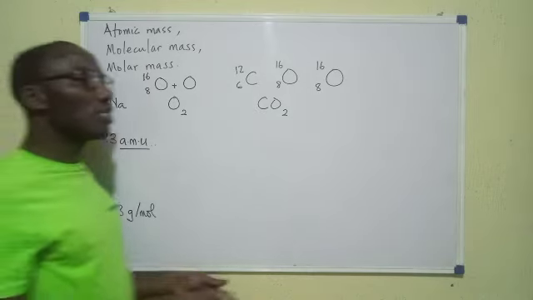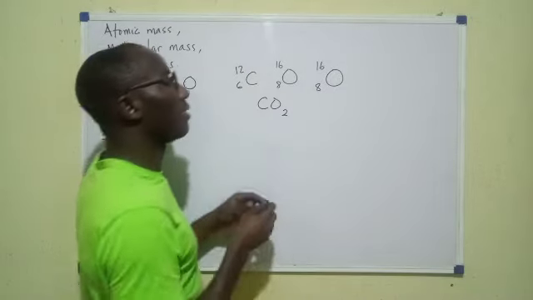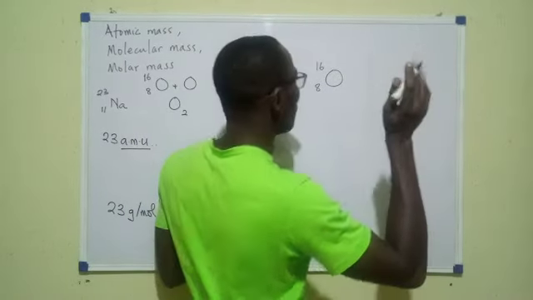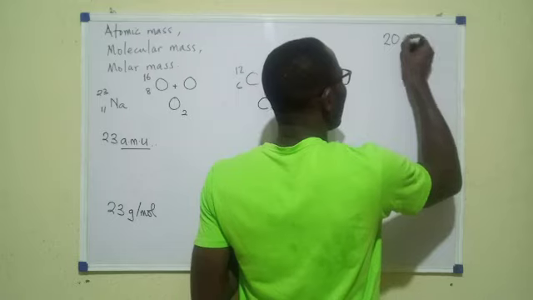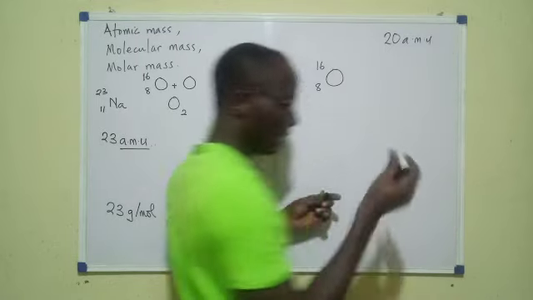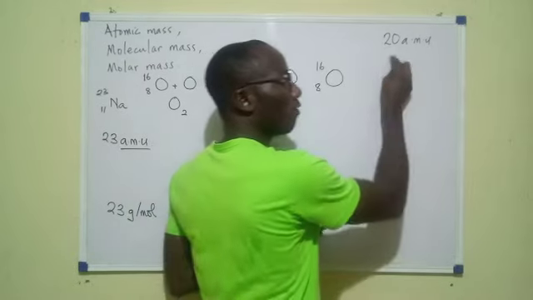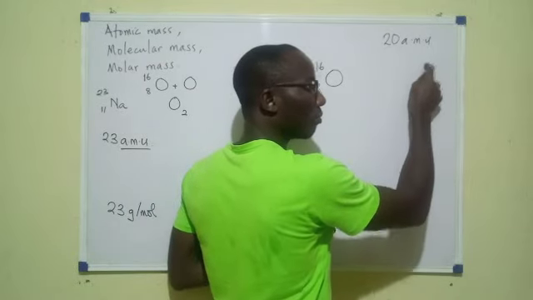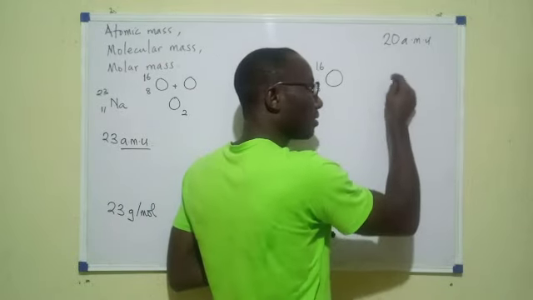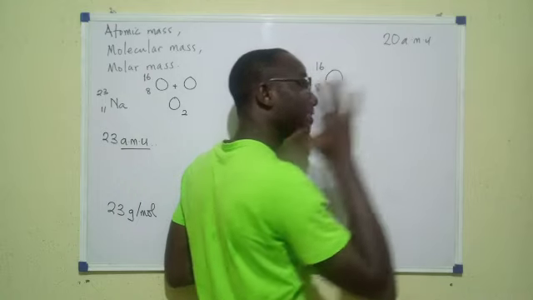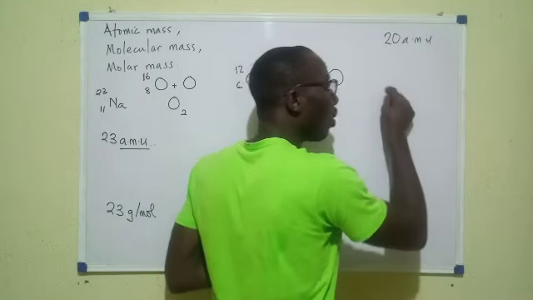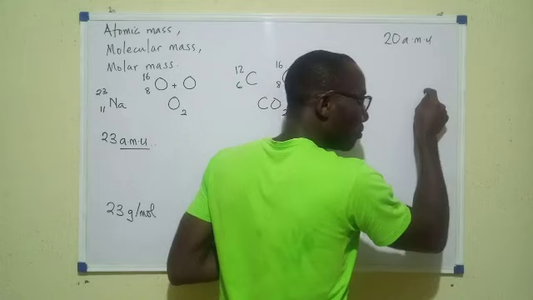So if I say what is the mass of a marker, let's say this marker, imagine that this marker weighs 20 AMU. That is the mass of 1 marker. What about 2 markers? It will be 40 AMU. 3 markers, 60 AMU. 10 markers, 200 AMU.